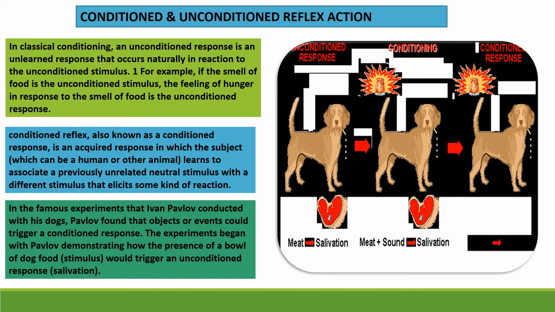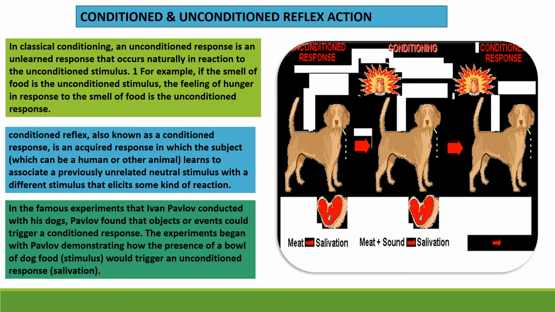So here meat plus sound causes salivation. And the last, when no meat is there, salivation of the dog still occurs. So that means the stimulus is only the bell. So it has been converted from an unconditioned to a conditioned response.